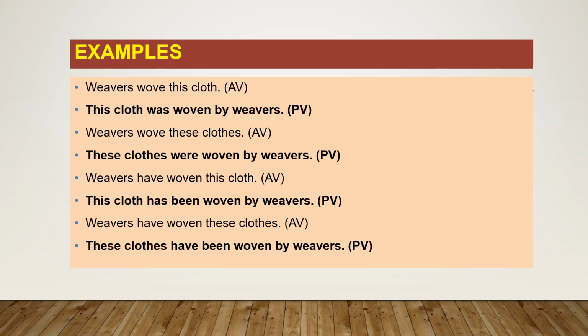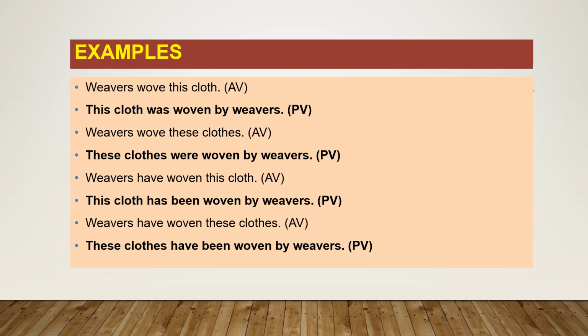Weavers have woven this cloth. Now what have we got here? This is the present perfect tense. We did the past tense, now we are talking about present perfect tense. So weavers have woven this cloth. So this cloth has been woven by weavers. Have woven, present perfect, passive form, has been woven. Why do we use has? Because cloth is singular.